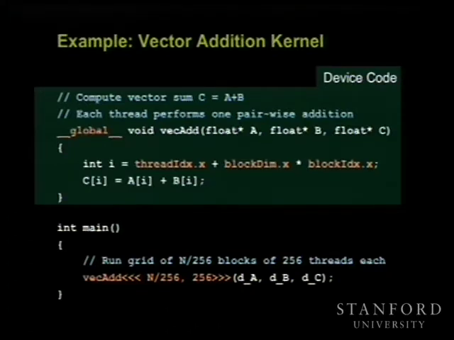The other thing you need to consider is, I mentioned there's a maximum number for the thread block size, the number of threads per thread block. Currently, that's 512 threads per thread block, and that number doesn't change no matter if it's a 1D, a 2D, or a 3D thread block. So just be aware of that. You can't make your thread block bigger by going into more dimensions. Some people assume that.